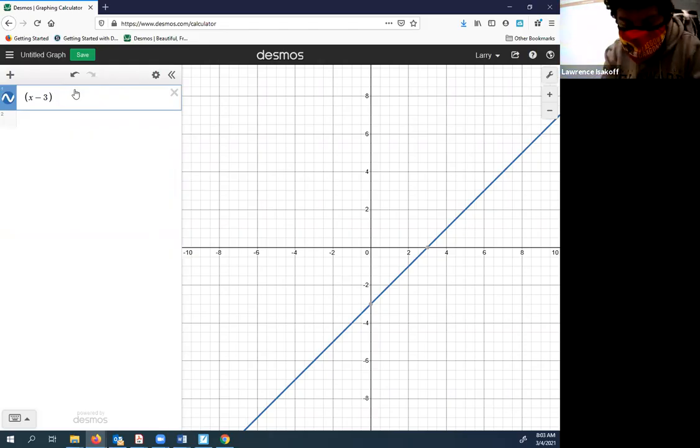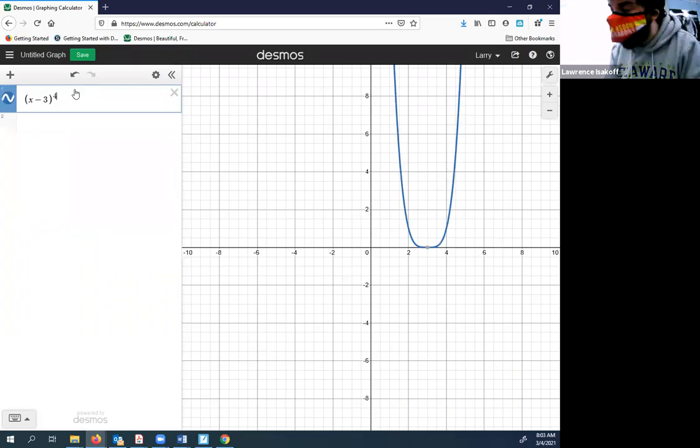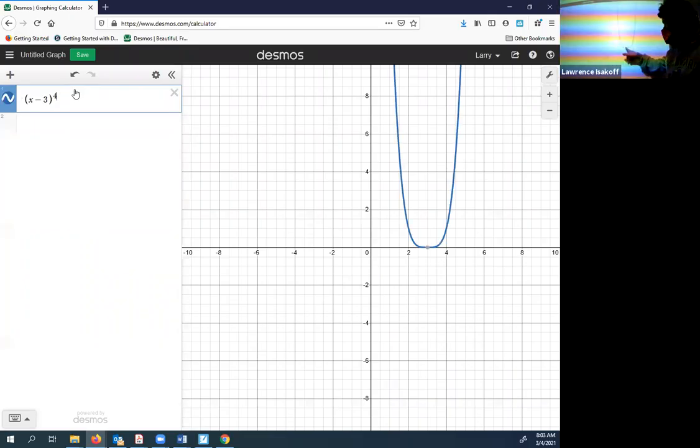Now, let's say I have a multiplicity of 4, so I'm going to go caret to get it to the exponent and put 4. Now, we notice this just comes down and like kisses or touches the x-axis at 3, right? Just comes down, whoop, there we go, and leaves. So that's the idea of that even multiplicity.